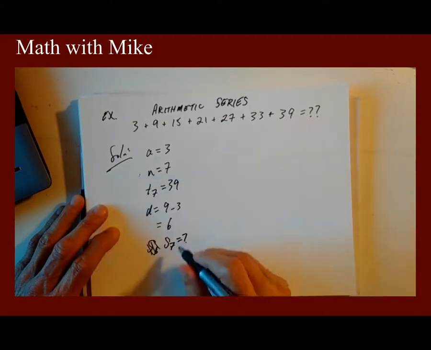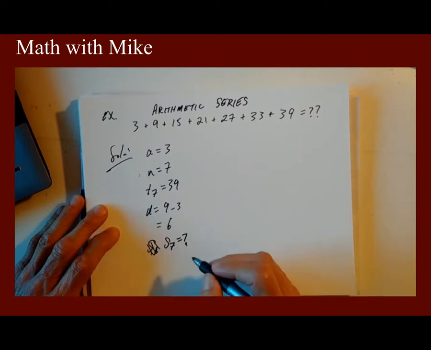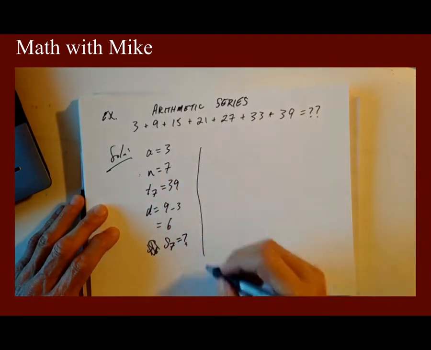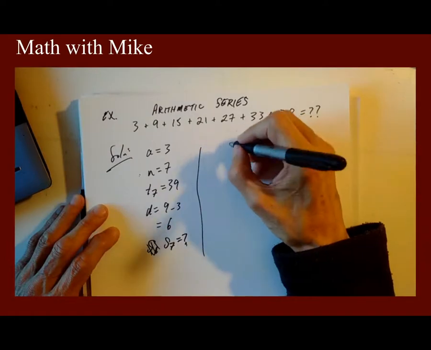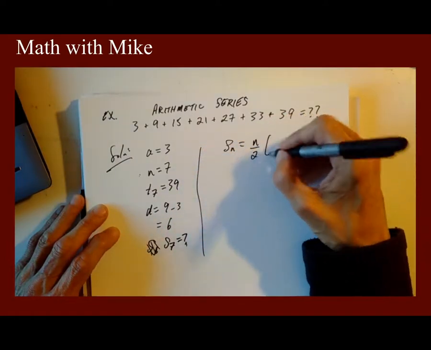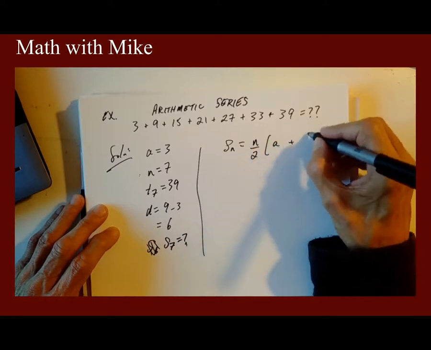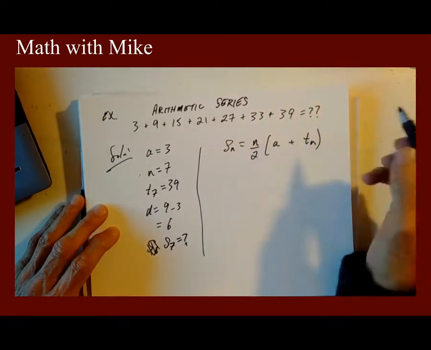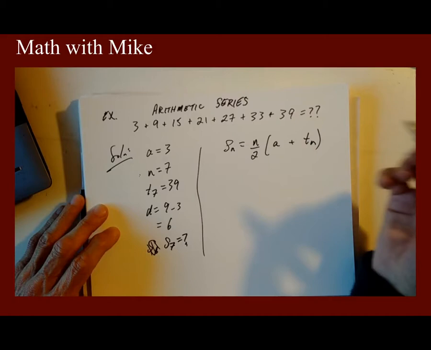Now, n is equal to 7, so we want the sum of the 7 terms. So the formula from our buddy Gauss, first term plus the last one. Notice I put a in there this time just because, right?